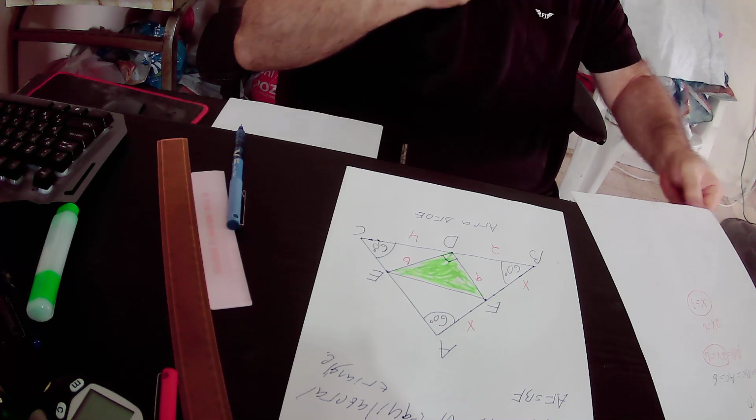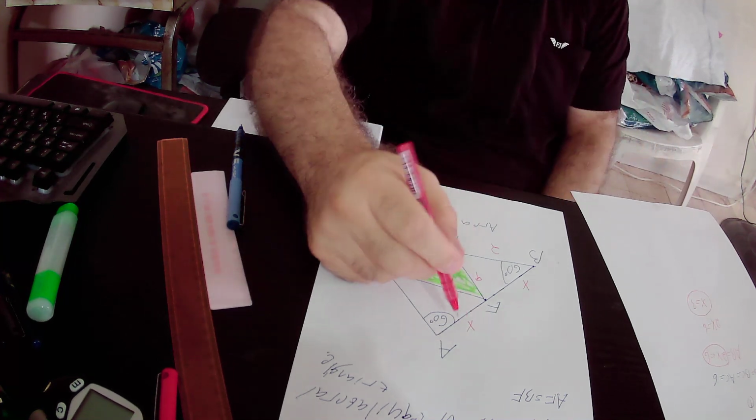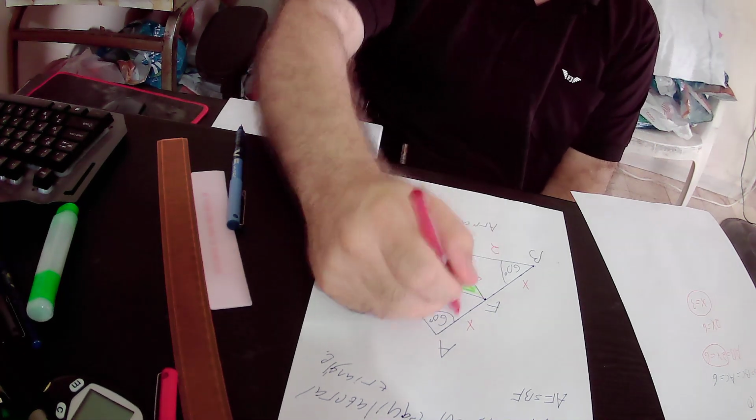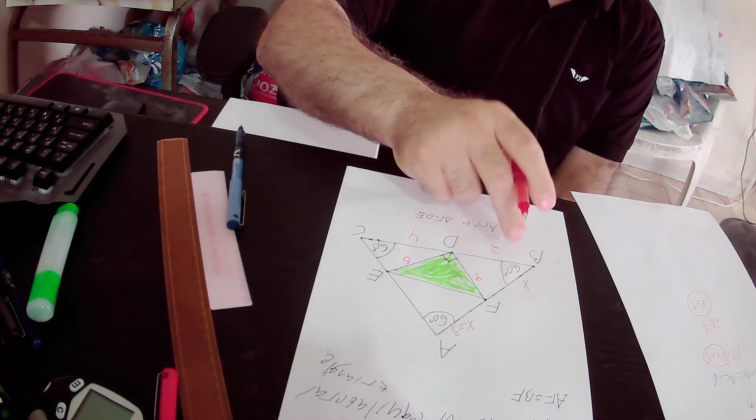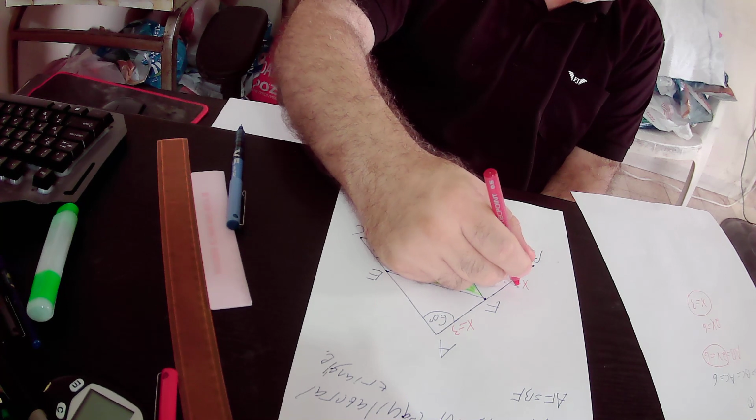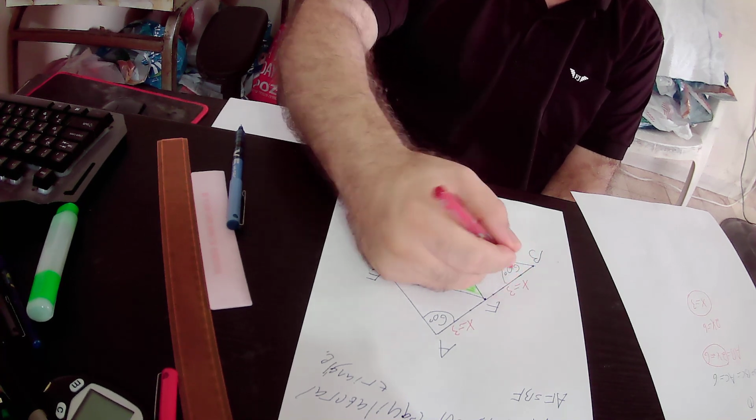So AF equals 3 units and BF also equals 3 units.